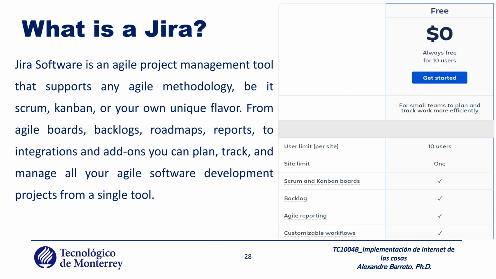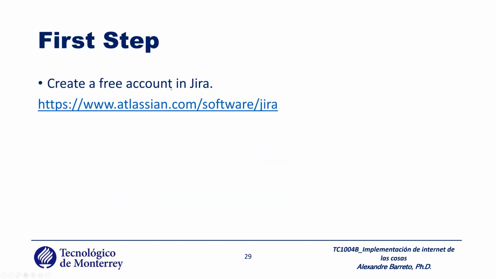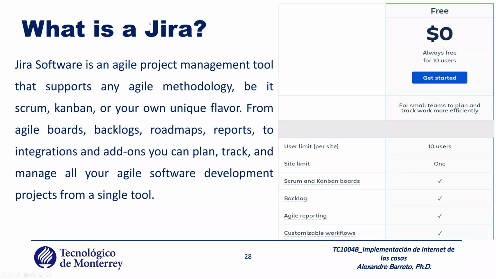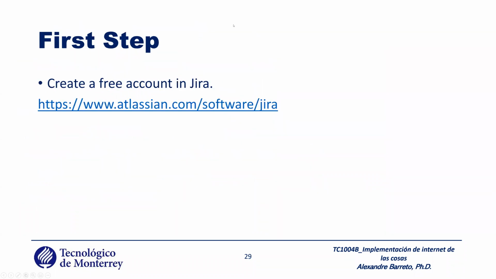But now, because of COVID, because you are only online, it's a good idea to have a tool to support your work. And a good tool to support an agile project is Jira. Jira is not free, I'm sorry, Jira is proprietary. However, up to 10 users.